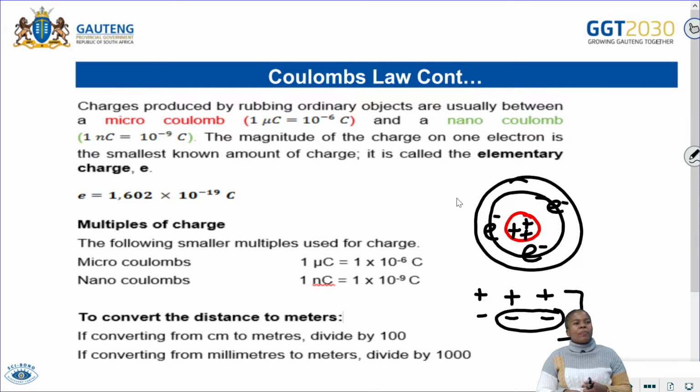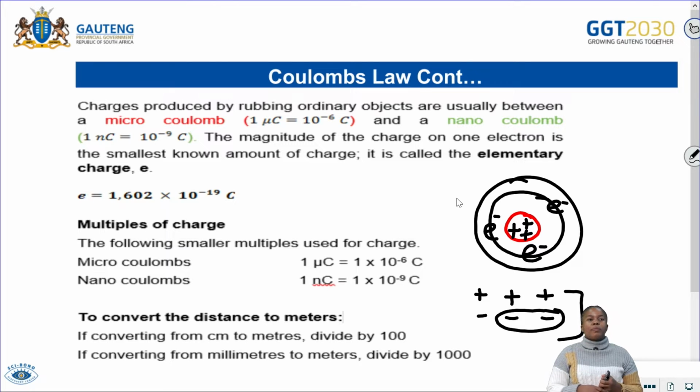But now, how can we change this amount of charge that we have accumulated through rubbing? It can be in nanocoulombs or microcoulombs. Okay, now don't forget that the electron itself, the one that is able to jump, is charged at negative 1.602 times 10 to the power of negative 19 coulombs.